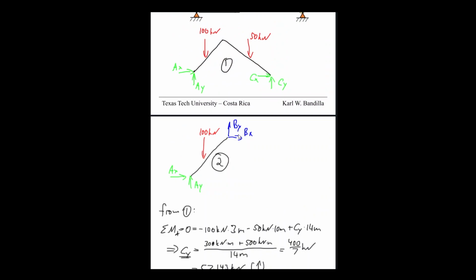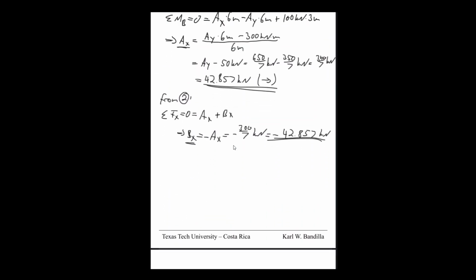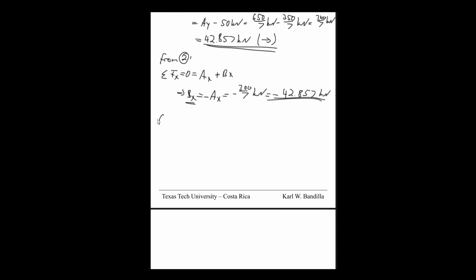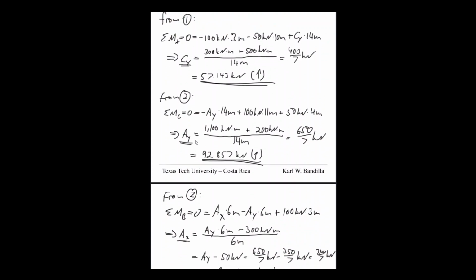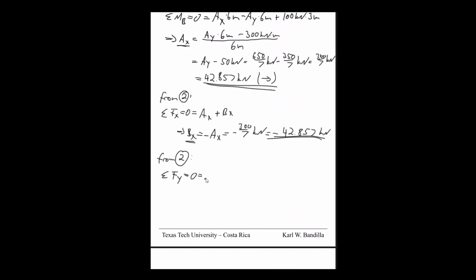What else can I do? Well, I can also find By by doing sum of forces in the Y direction. So from 2, sum of forces in the Y direction equals 0. What do we get? We get Ay plus By minus 100 kilonewton. That means By is going to be 100 kilonewton minus Ay.